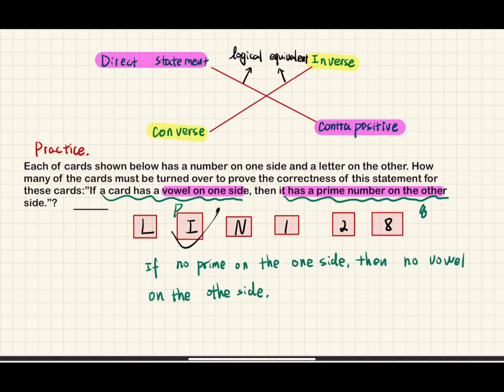So besides turning over the card I, we also need to check by turning the non-prime numbers to see if there is no vowel on the other side. So we're gonna turn over the card 1 and we're gonna turn over the card 8. If the sentence structure is if P then Q, you should be aware of its contrapositive, which is very important in the test.